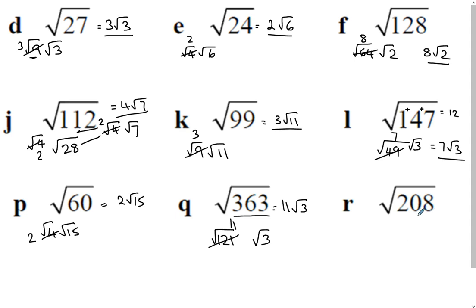Okay, we can see it goes into 4 because 08 can be divided by 4. So let's try that. We've got 4 and surd 52. That comes to 2, so we'll just circle it so we don't forget it. And then the surd 52 can also go into 4.